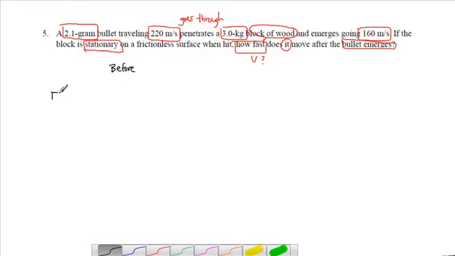You have the bullet, going this way at 220 meters per second, and it's going to hit a block of wood that has 0 meters per second, so it's not moving.